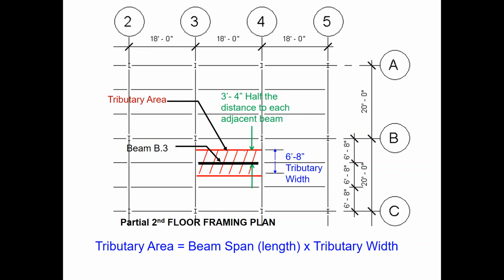You can imagine that this is sort of the halfway point between this beam and this beam, and so all the loads on this half are chased down into this beam, and same goes for the other side. All of these loads are chased up into this beam. So this beam is basically responsible for this section of floor here.